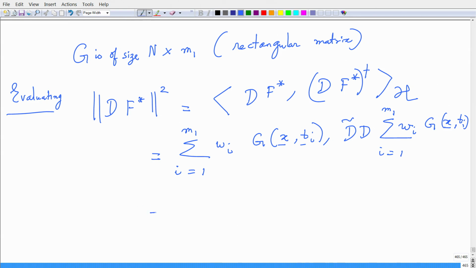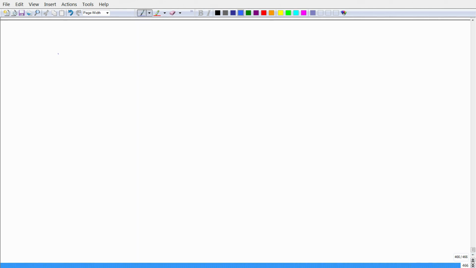And you can interpret this as a quadratic form which is w transposed G naught times w, where I will define what this matrix G naught is, and G naught is this matrix which is a square matrix comprising of points which are evaluated at t suffix i, t suffix j, right.